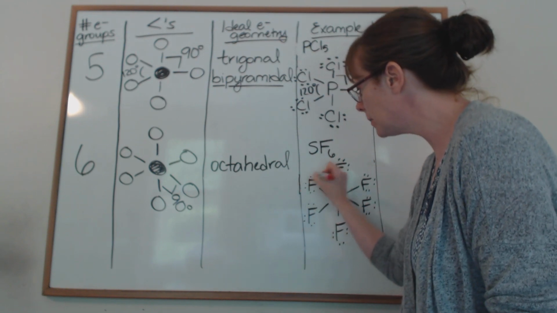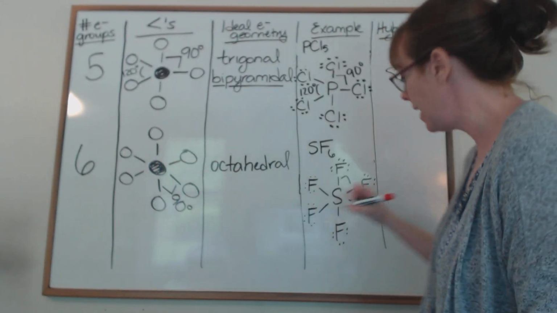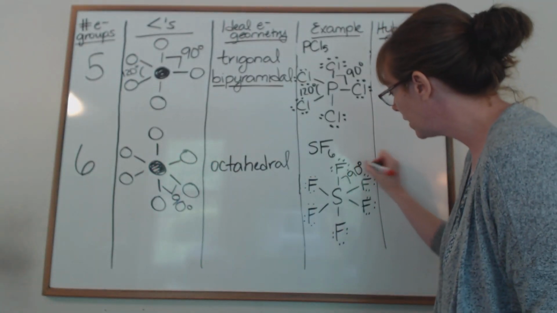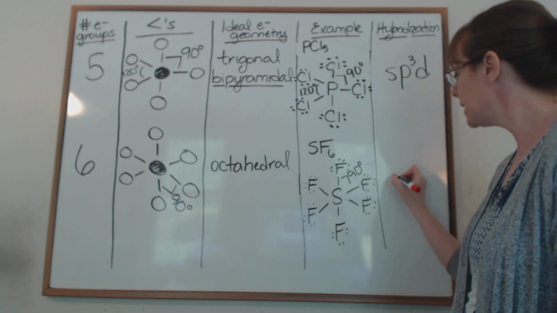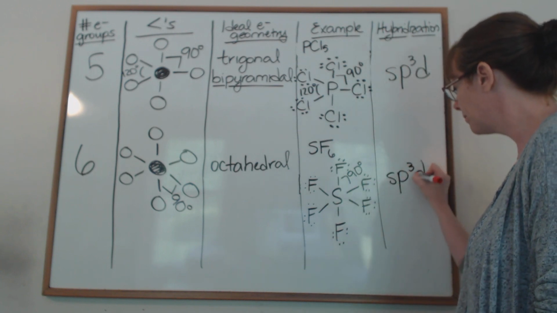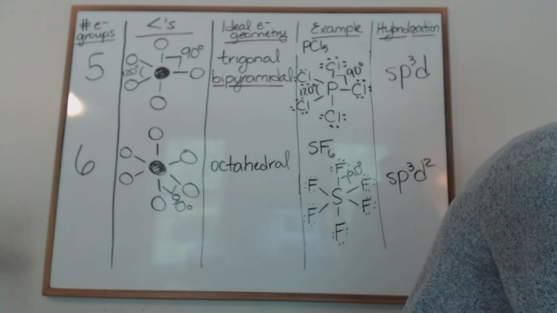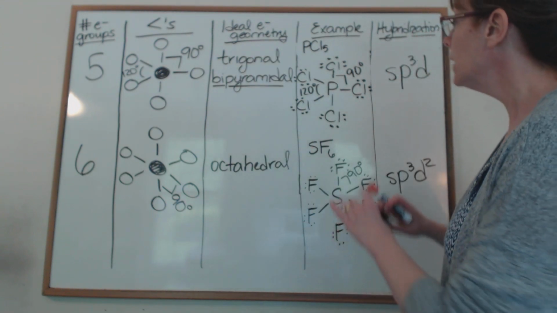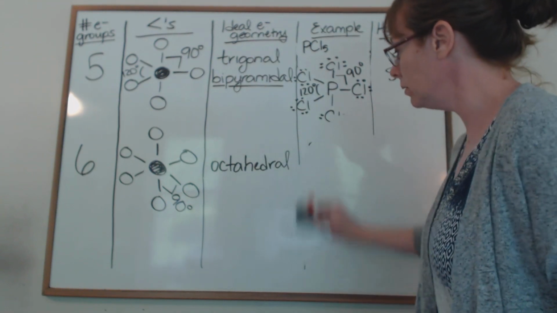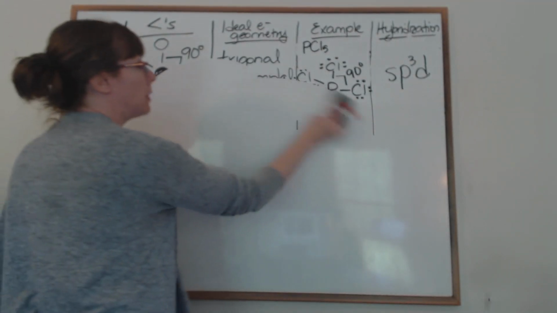It becomes a VSEPR model as soon as you draw it to the best of your ability in the shape that it's supposed to be and include the angle. That makes it a VSEPR model. Hybridization would be sp3d2. Okay, so now we've got the whole chart all set up. Let's go ahead and do a new molecule from start to finish and apply what's called VSEPR modeling.